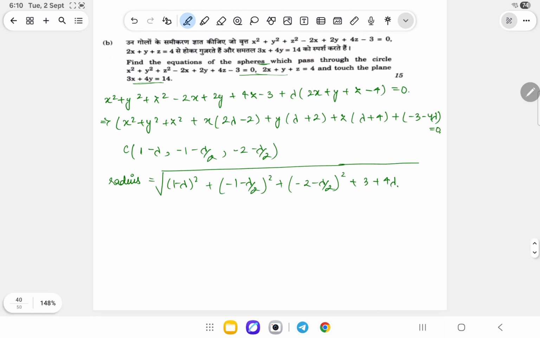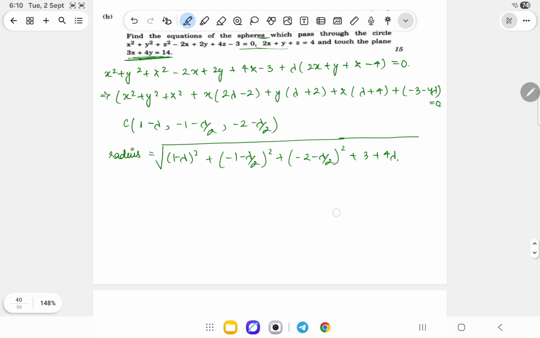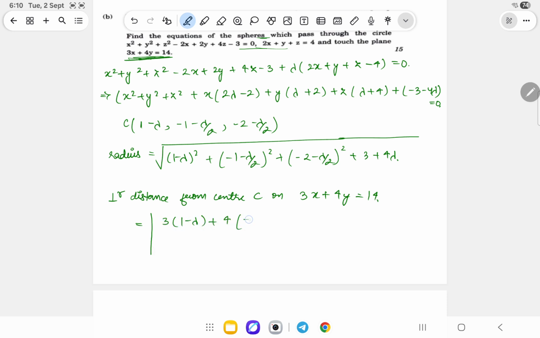And the question further says that this sphere touches this plane. So if it touches the plane, the perpendicular distance from the center of the sphere to this plane must be equal to the radius. So let's see what the perpendicular distance is from the center C of the sphere to the plane 3x plus 4y equals 14. So the perpendicular distance is 3 into (1 minus lambda) plus 4 into (minus (1 plus lambda) by 2) minus 14, divided by under root 3 square plus 4 square.